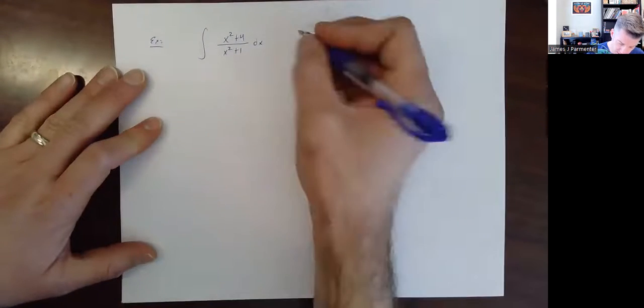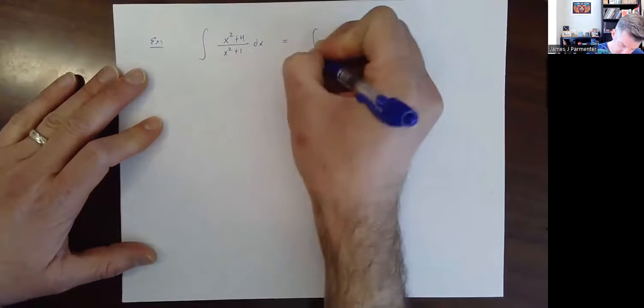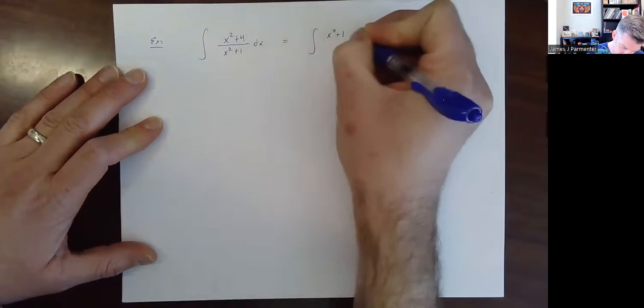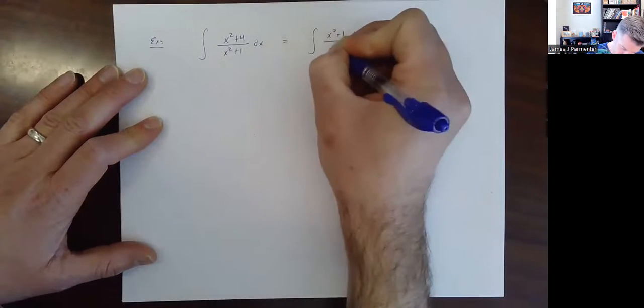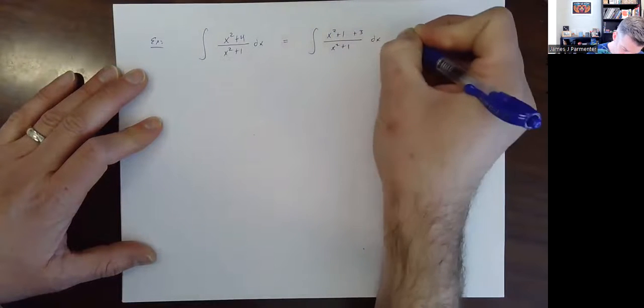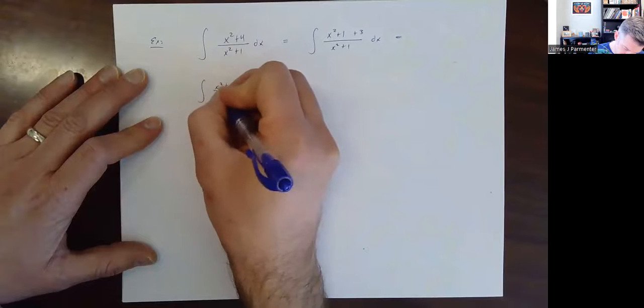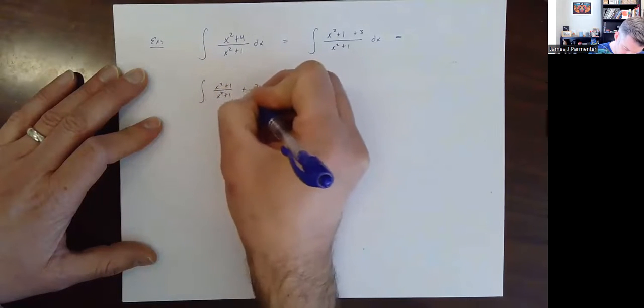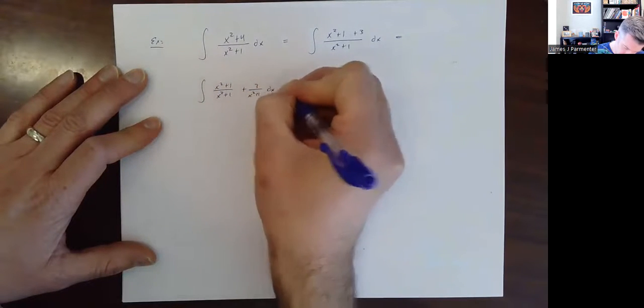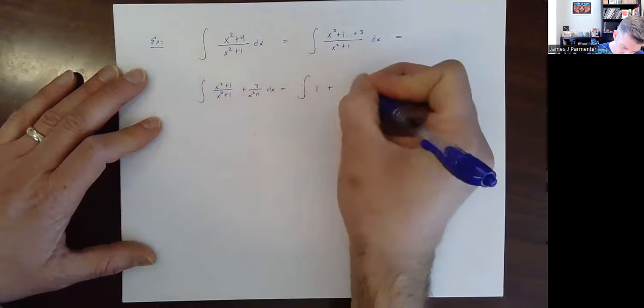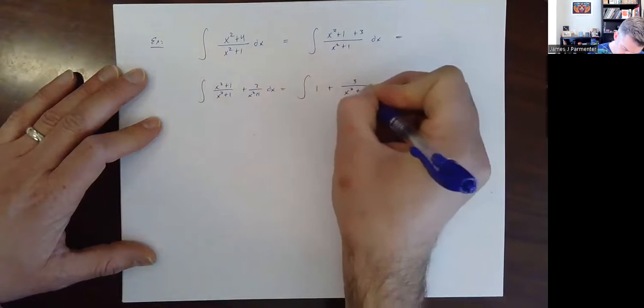So the trick is to write this as x squared plus 1 plus 3 over x squared plus 1, and then break it up as x squared plus 1 over x squared plus 1 plus 3 over x squared plus 1. And then you're just getting the integral of 1 plus 3 over x squared plus 1.